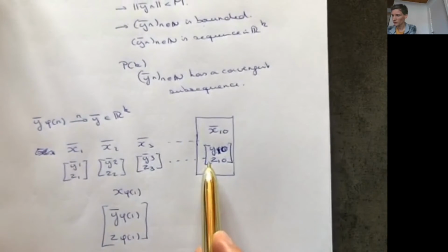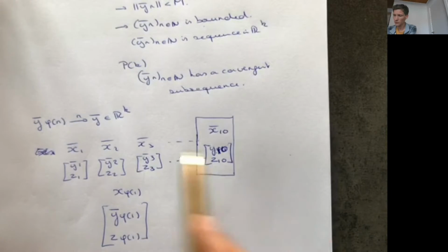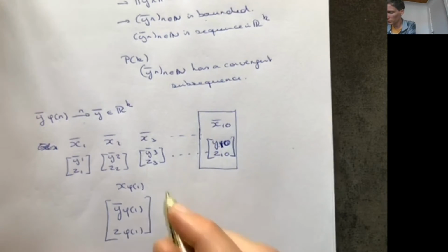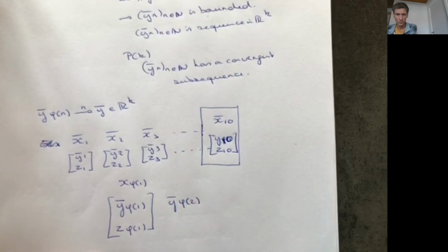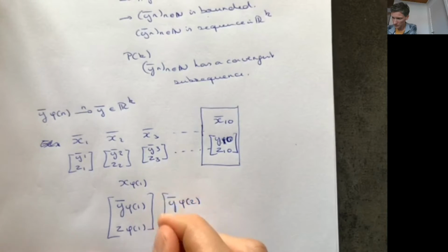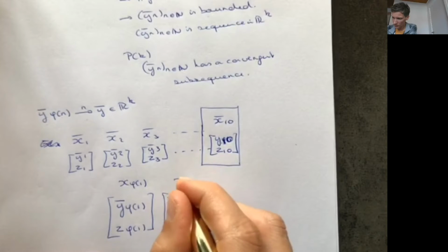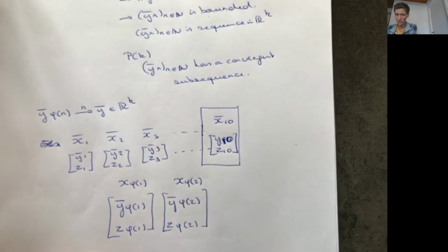I can look for the second element in this subsequence. For example, it's 20 or 30 or 25 or whatever, I don't really know. So this is y phi 2. In the same vector, I have a z phi 2, and this is associated with x phi 2.